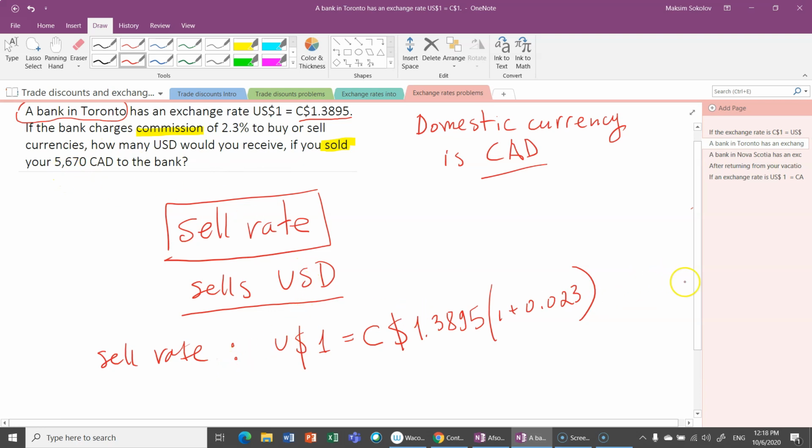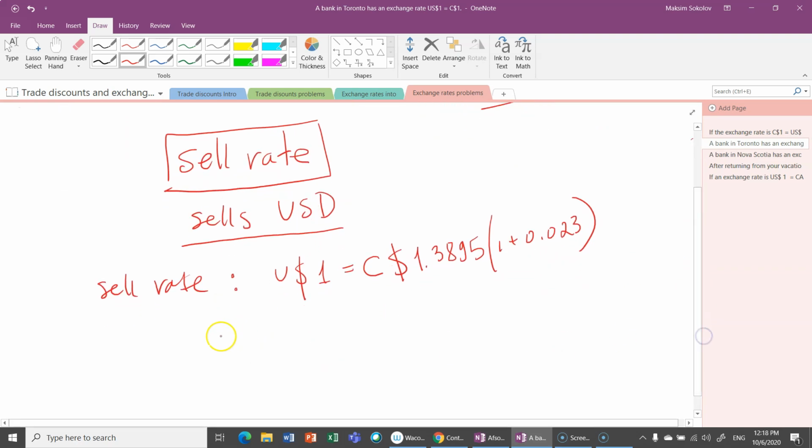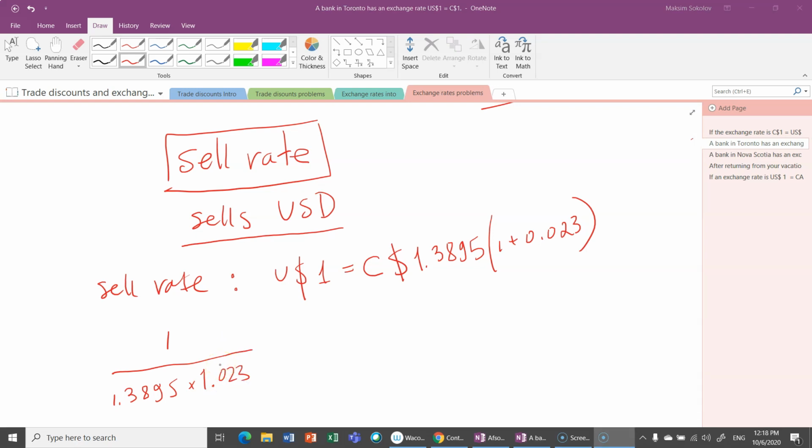So now we see that 1 United States dollar to 1.3895 times 1.023. In the denominator, this is the sell rate. That's the Canadian dollars for 1 American dollar.